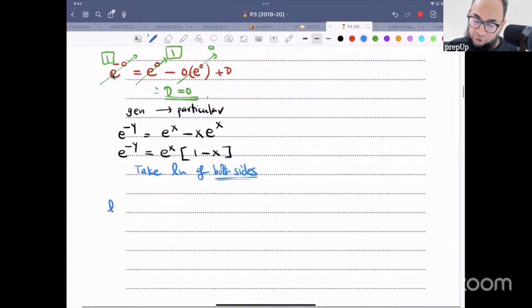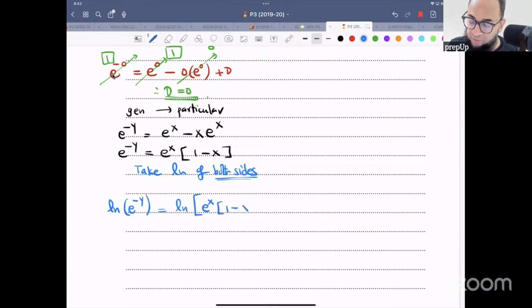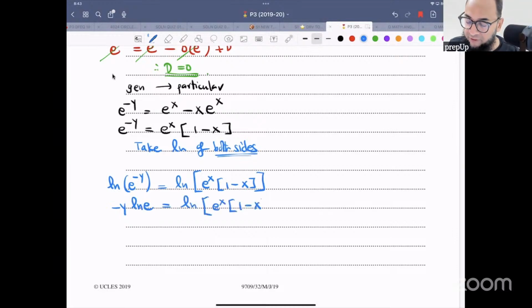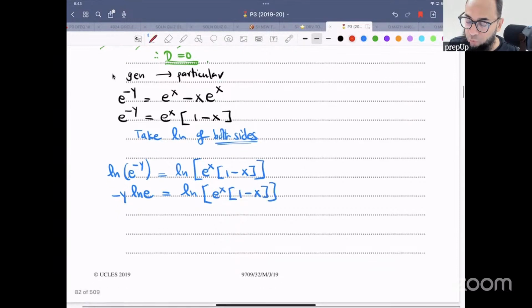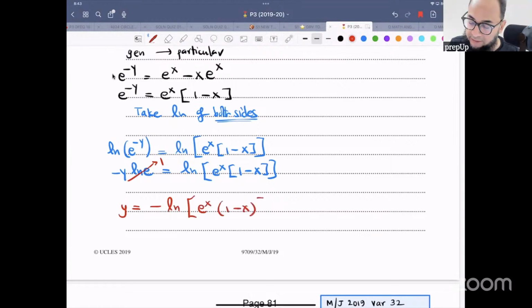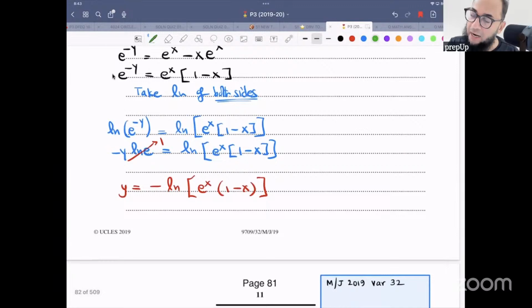Therefore, ln e^(-y) equals ln of the whole thing, e^x (1 minus x). So this is minus y ln e, and ln of e is 1. Therefore, y equals minus ln of e^x (1 minus x), and I can take this minus and make it the power.